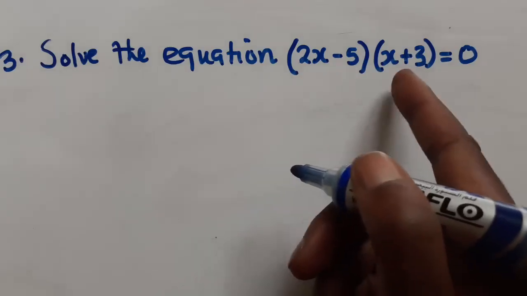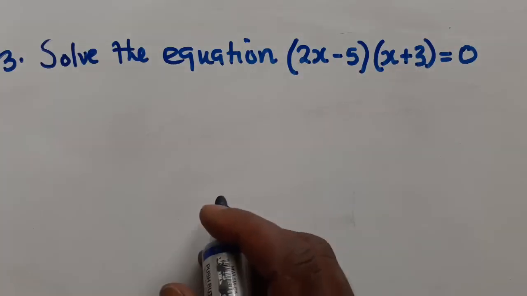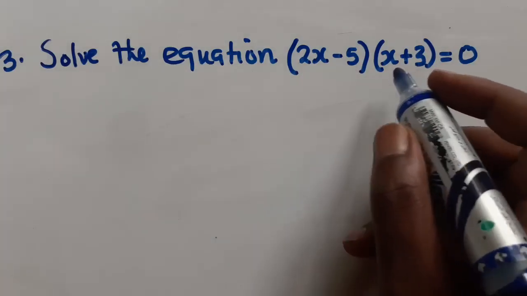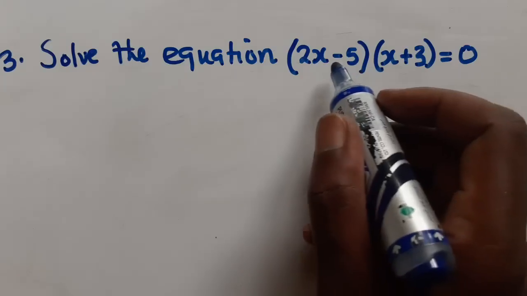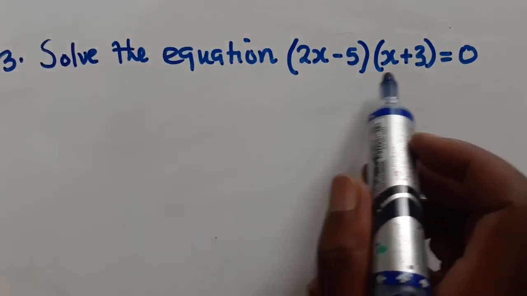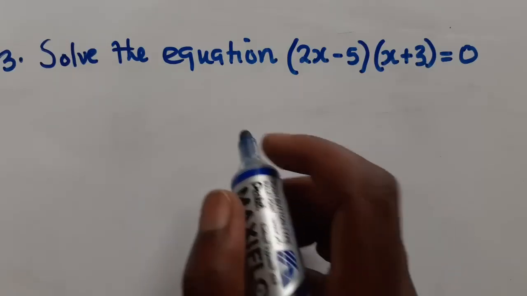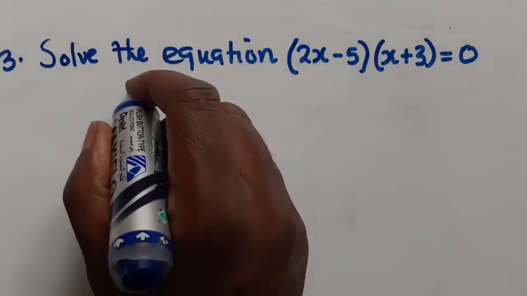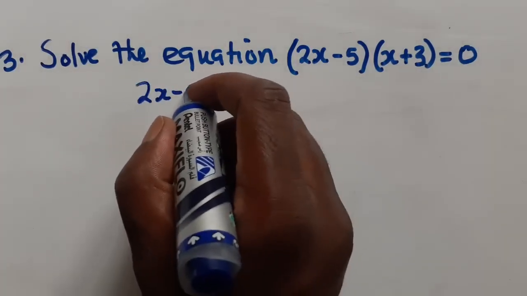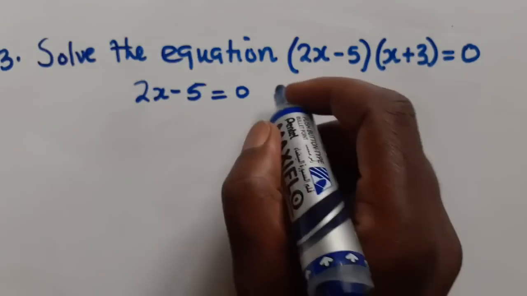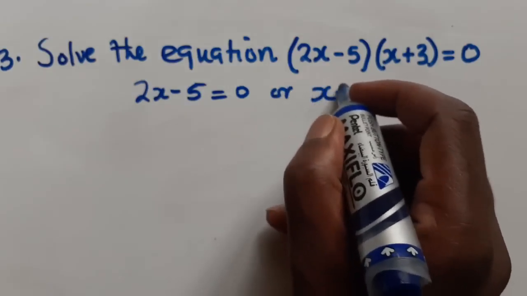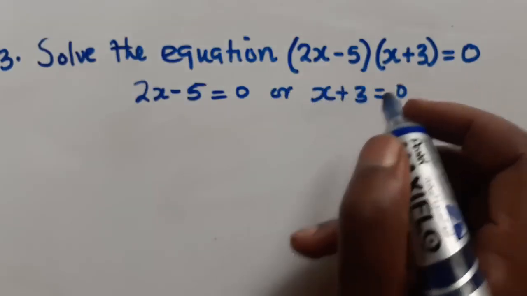So we have already 2 factors. So what are we supposed to do here in order to get the values of x? We are going to equate each of these factors to 0. So we're going to get the first one here and say 2x minus 5 is equals to 0, or x plus 3 is equals to 0.